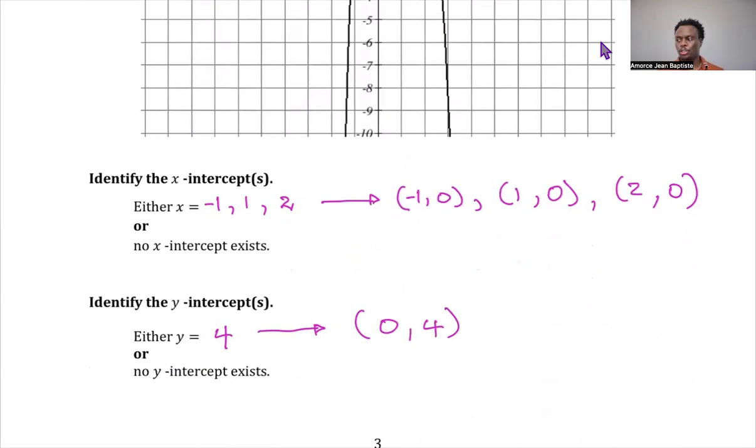Okay, so intercepts, like I said, are given in ordered pair format, but the values can be the x value where the graph intersects with the x-axis for the x-intercept, and the y value of the y-intercept would be the value of y at which the graph touches the y-axis.